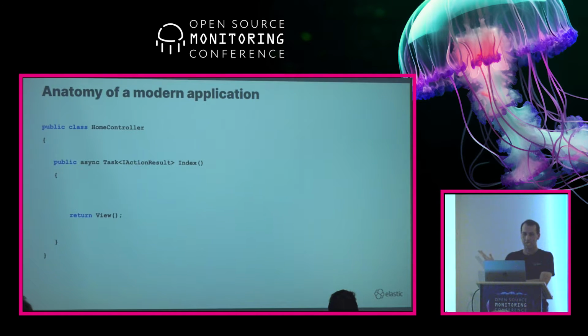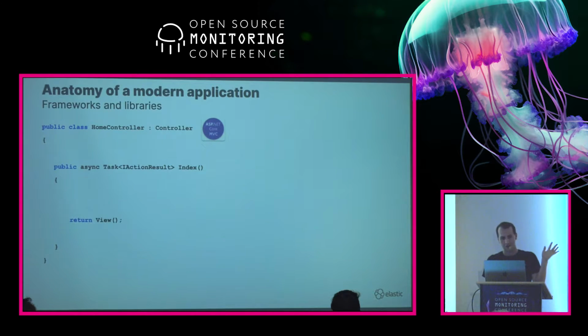So here is how an application looks today. You have a class, you have a method, and this method returns a view. And obviously, you have frameworks and libraries in your application. In my example, this was an ASP.NET Core application. So you derive from a controller class, and from that point, ASP.NET Core will take care of rendering it.